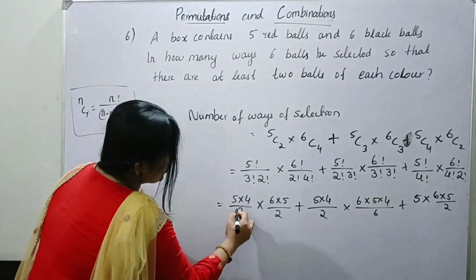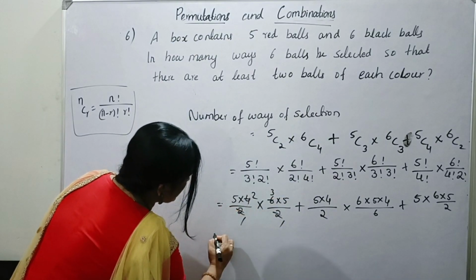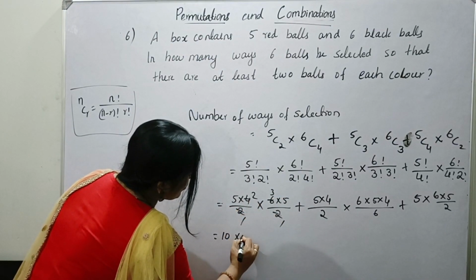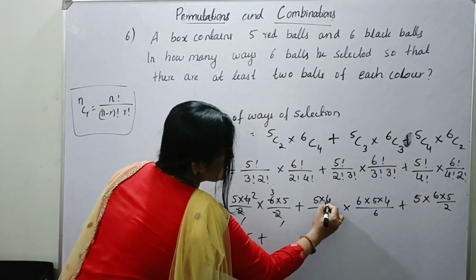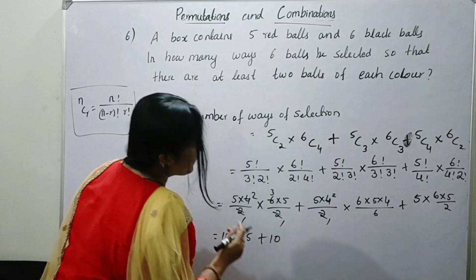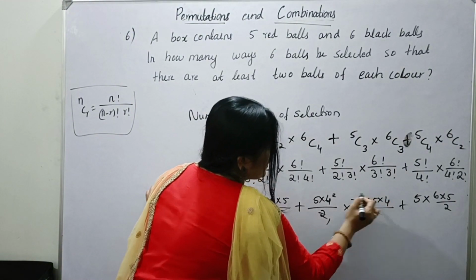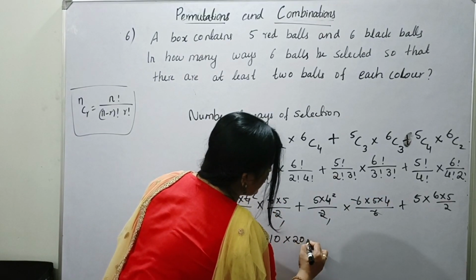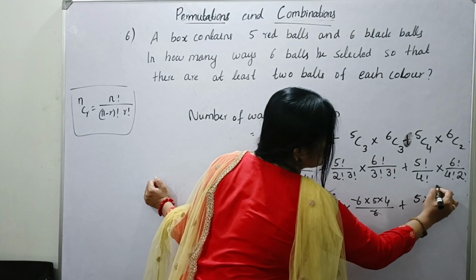So it is 10 into 15, plus here 5 into 4, 2 1s are 2, 2 2s are. So it is 10 into 6, 6 cancelled, 5 4s are 20, plus here 2 1s are 2, 3 2s are.